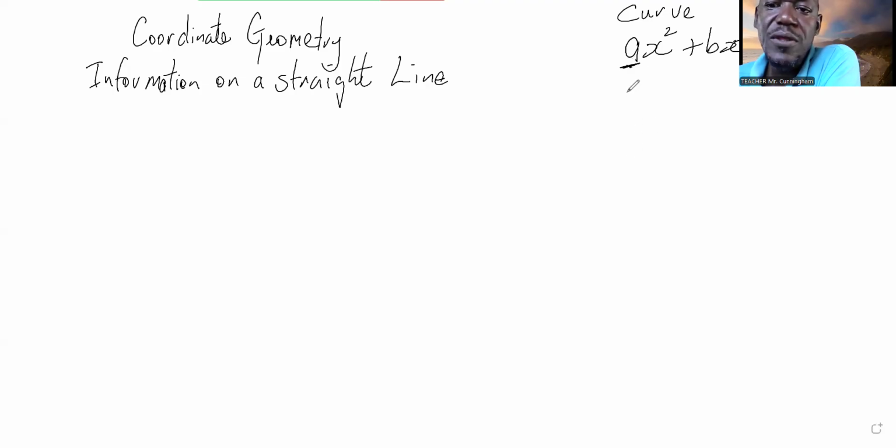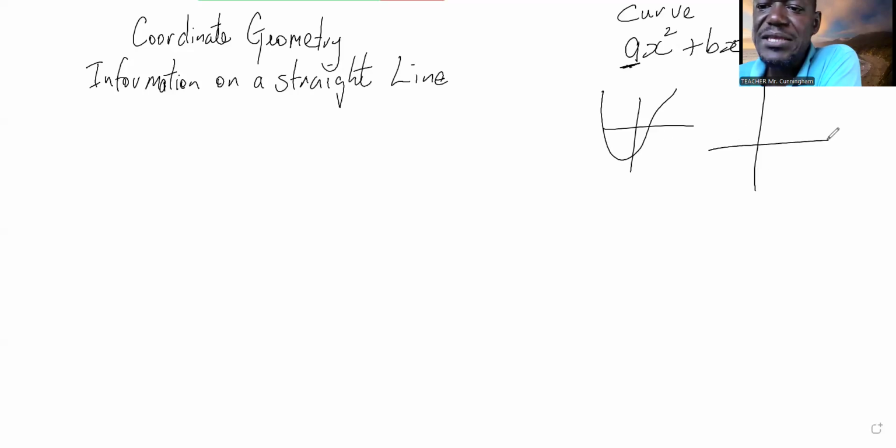Now, for the curve, our general formula was ax squared plus bx plus c. Now, if A is positive, the curve always turns down.